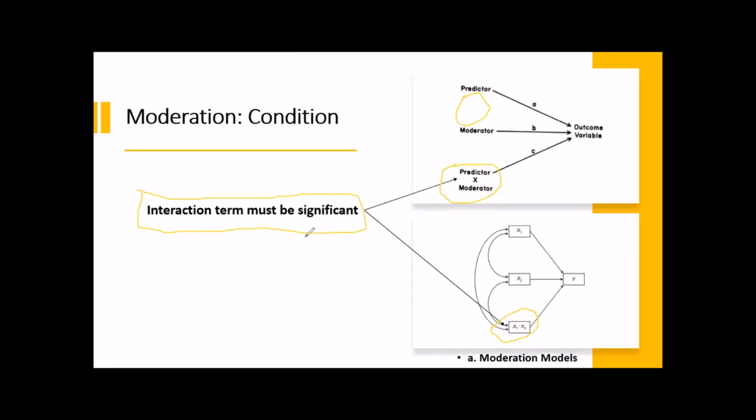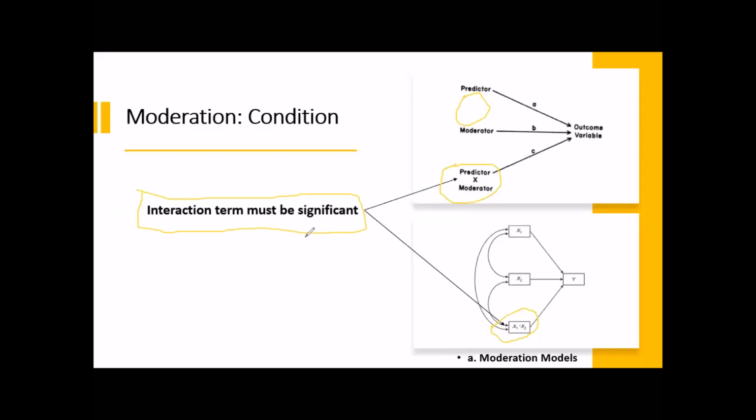So far, the majority of students, particularly novice PhD scholars, have confusion about whether it is important that both the predictor and the moderator have to be significantly associated with the outcome variable. In fact, the truth is that no, it is not necessary.